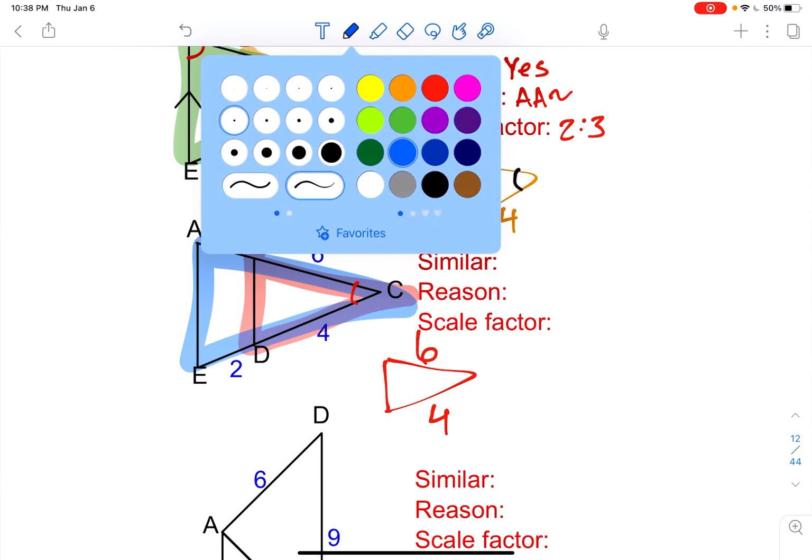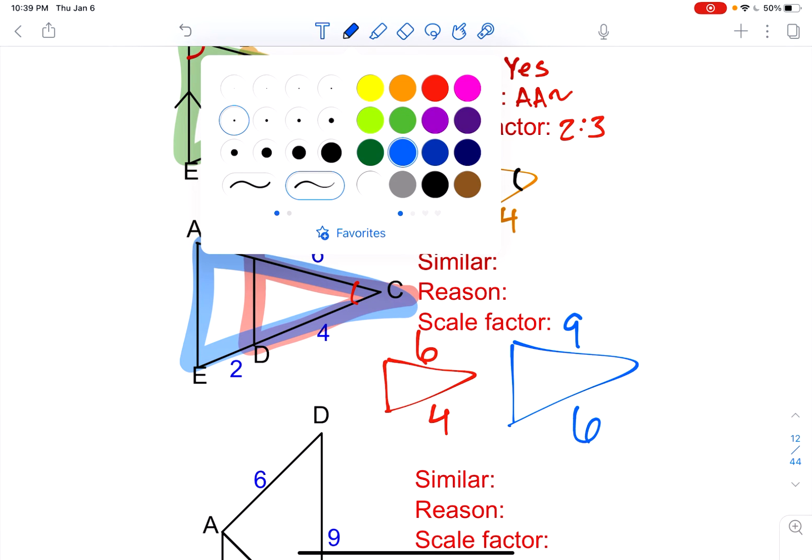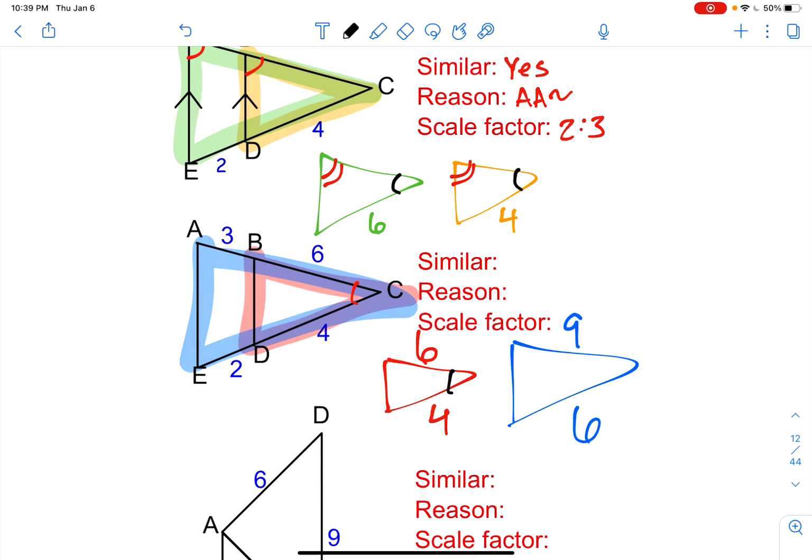In my blue triangle, the whole side length here is 6, and this whole side length is 9. And remember, this angle is the same in both of them.